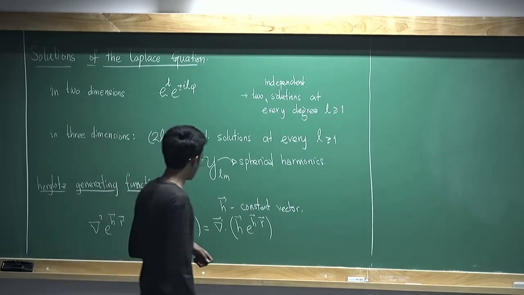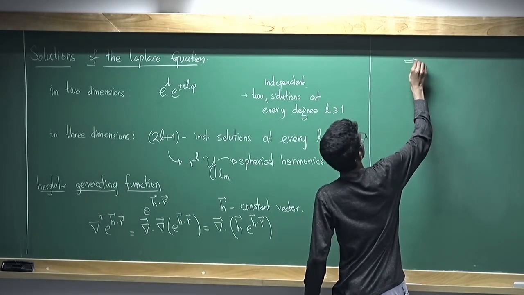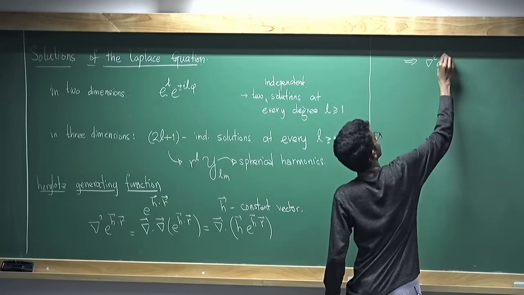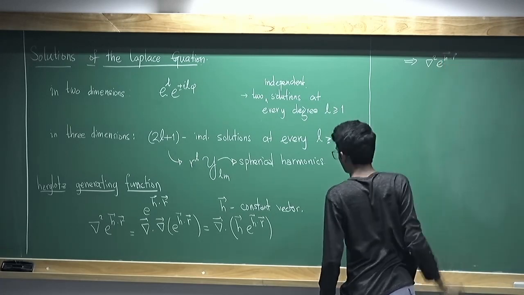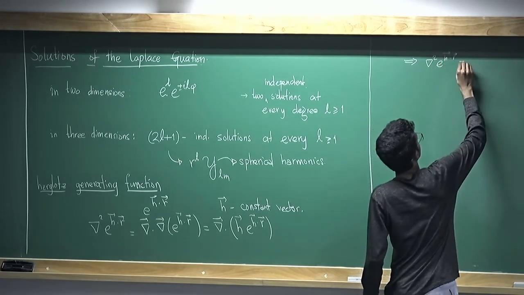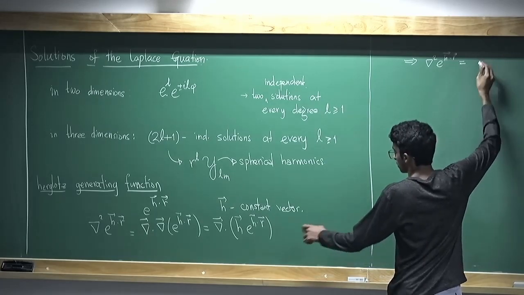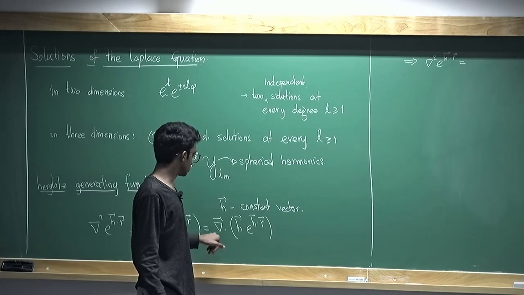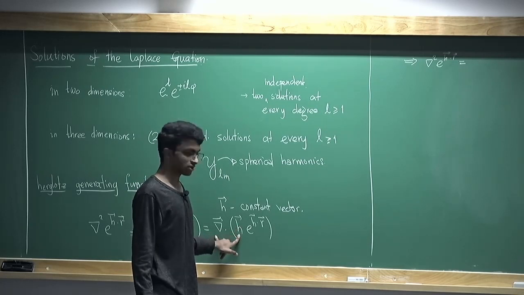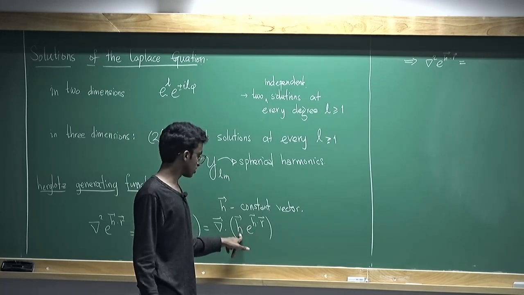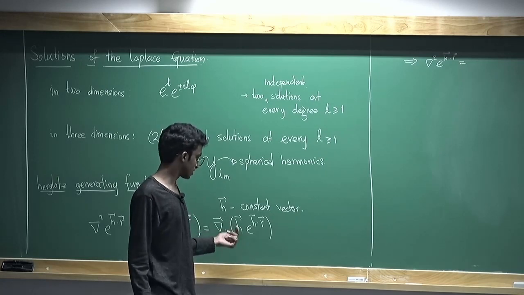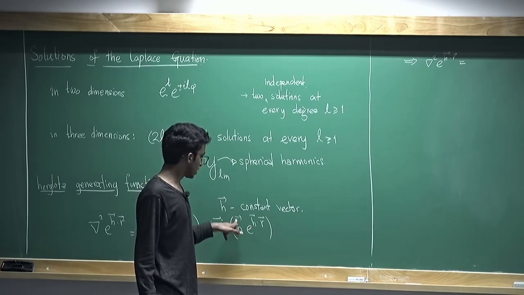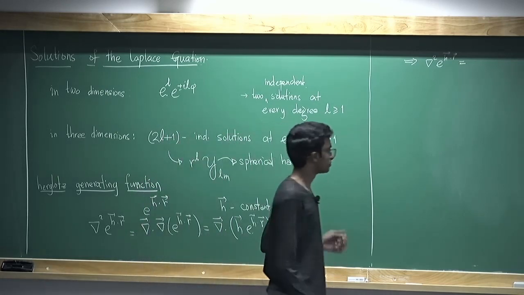So that seems to imply that the Laplacian acting on e to the h dot r is equal to the divergence of a vector times a scalar. The divergence of h vanishes because h is a constant, and then you only need to do h dot grad of e to the h dot r, which gives h.